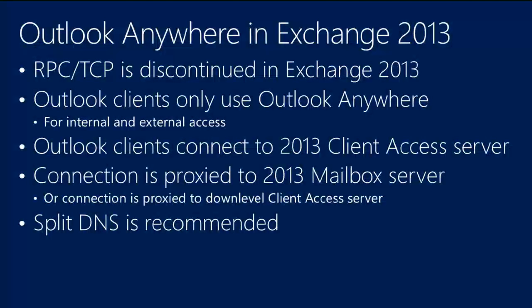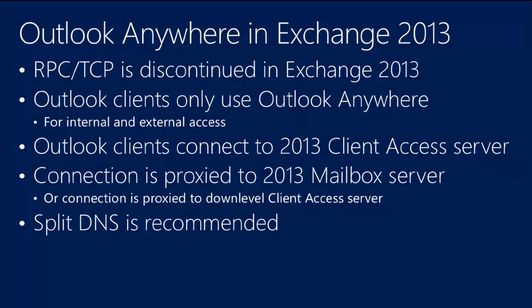It comes with benefits because it's not relying on a specific mailbox server anymore. It's stateless. Connectivity is free to go to any server, and from there it proxies to any backend server where your mailbox is.